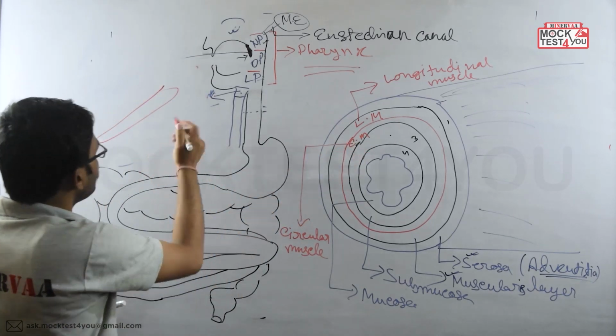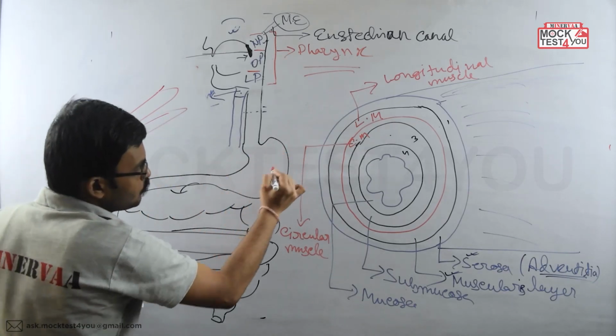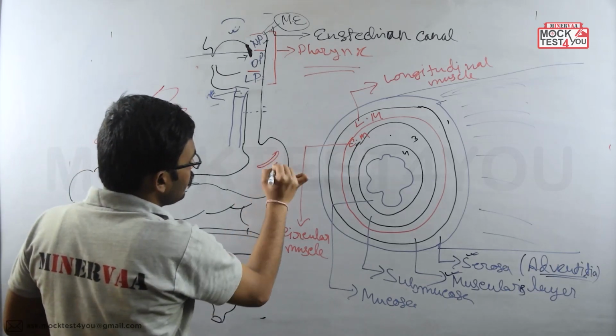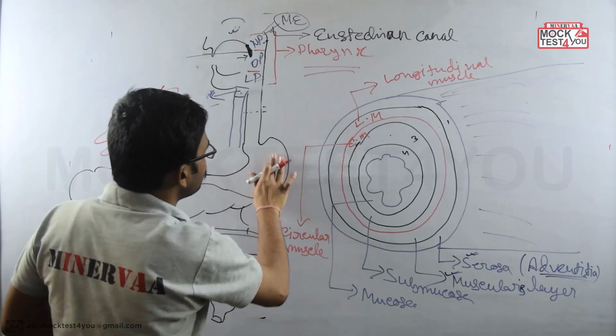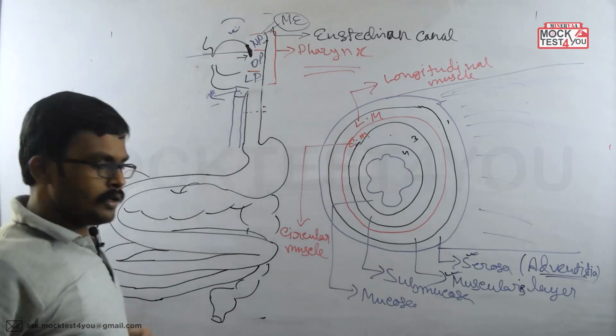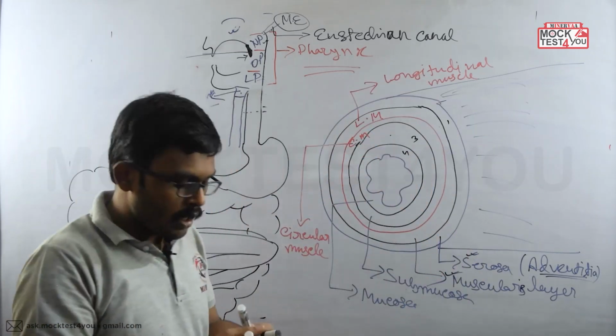In the wall, you see they are arranged like this way, like this way, okay, so they are arranged obliquely, clear? That's how the oblique muscles are arranged, in the wall of the stomach, just inside of the circular muscle.